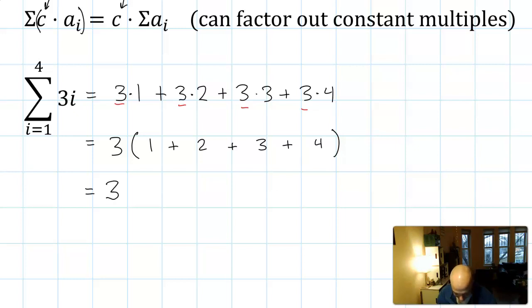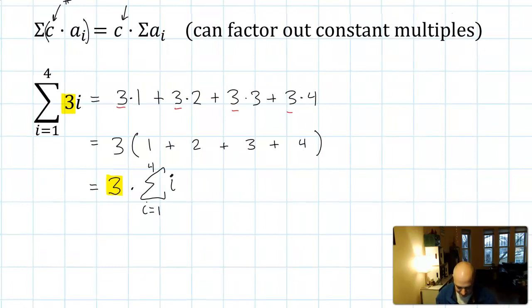So then I could write this, well, this is 3, and then 1 plus 2 plus 3 plus 4, well, that's the sum from i equals 1 to 4 of not 3i, but just i. And notice what I've done. We brought the 3 from the inside to the outside. And that'd be true no matter what, as long as it's a constant multiple, you can bring those to the outside. It usually substantially simplifies the inside of your sigma.